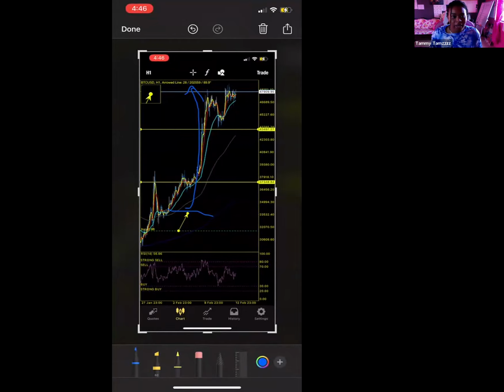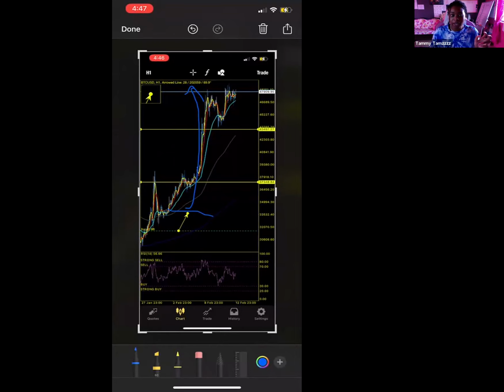For Bitcoin, the first 4 is your pip count if it's a 6-digit. If it's a 5-digit, it's the first 3. If it's a 4-digit, it's the first 2. That's your pip count. Just like for a regular pair, if you're trading gold and you count the pips and it's giving you 3 numbers, the first 2 is your pip count.